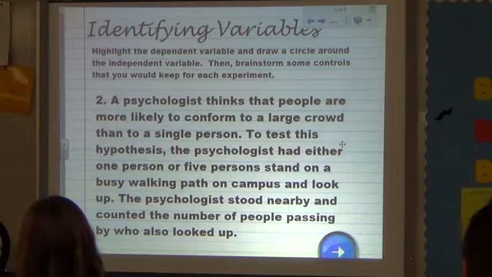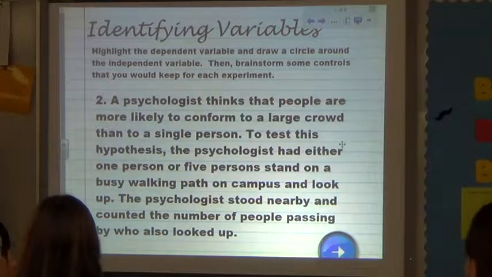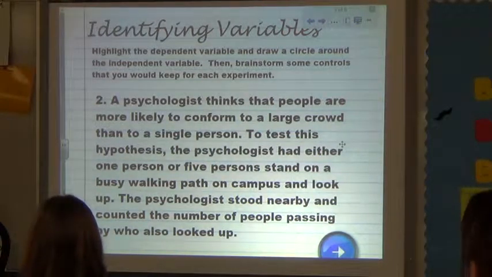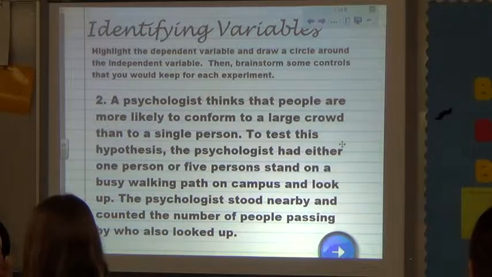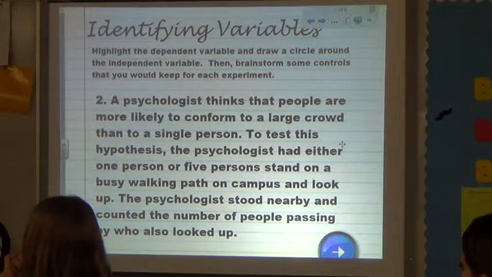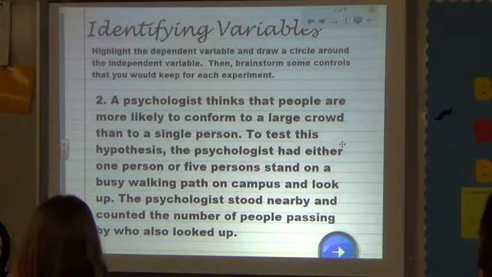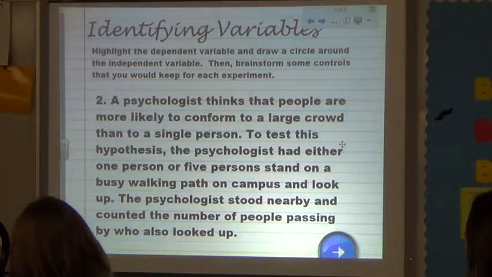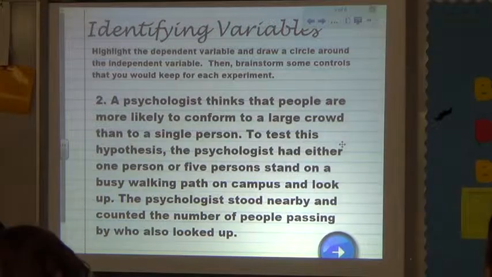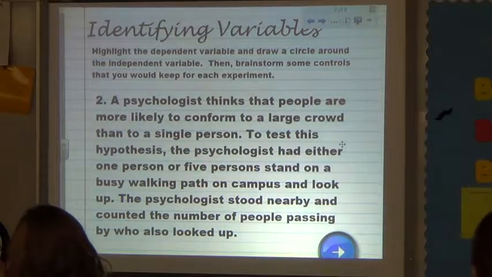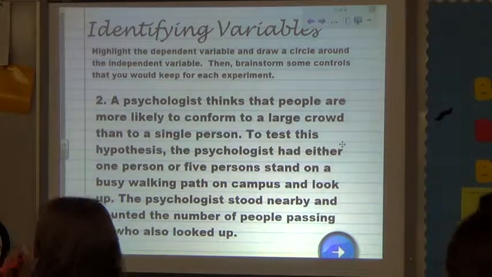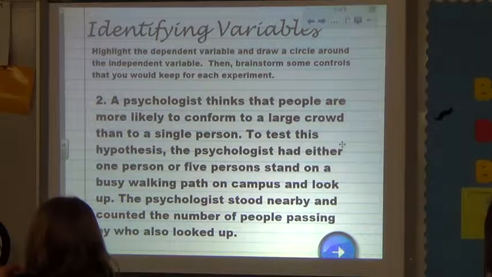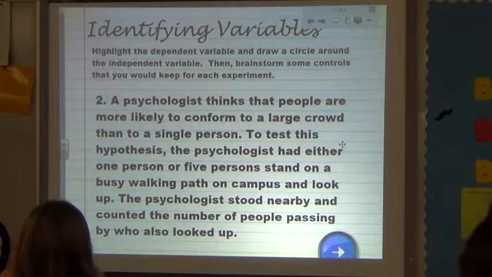So I would like Jonathan to tell me what you think the independent variable is. The one that is changing or manipulated. No. Isis. 1 person or 5?